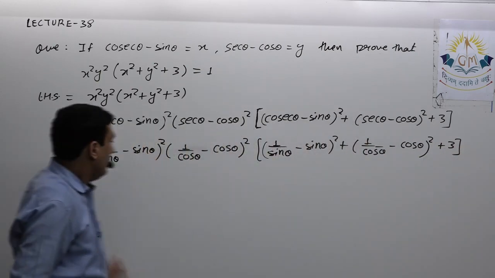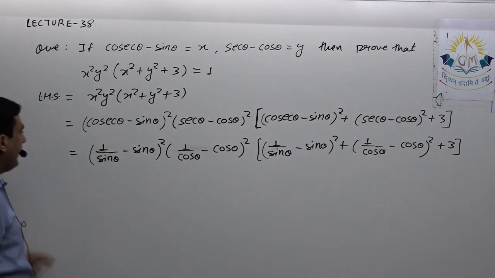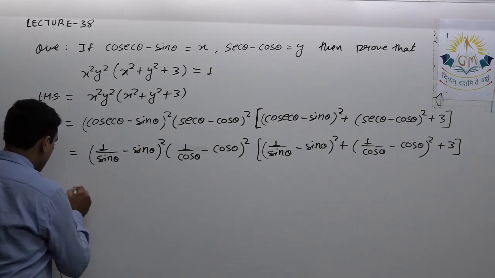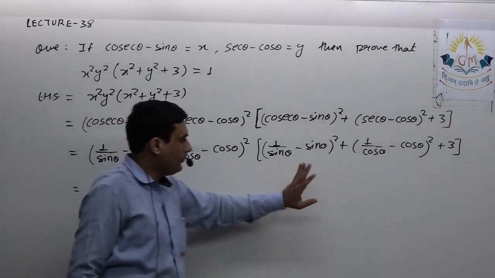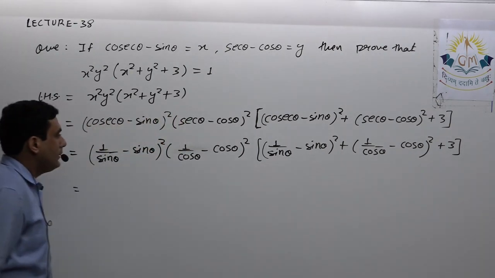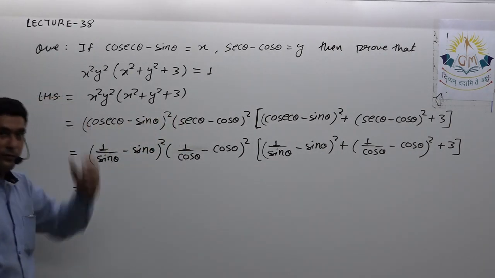Now we'll apply the identity of a minus b whole square. Over here a minus b whole square, same over here. So try to solve it further, then I will give the solution.